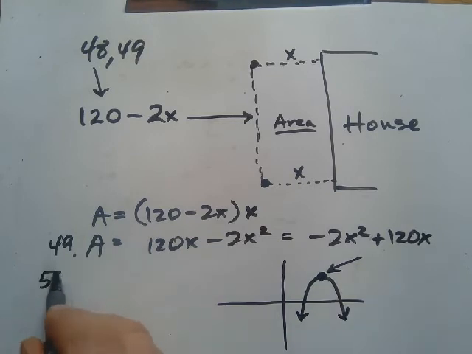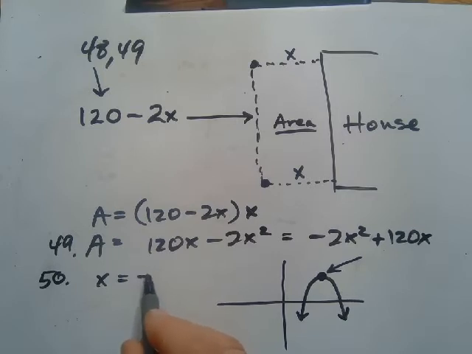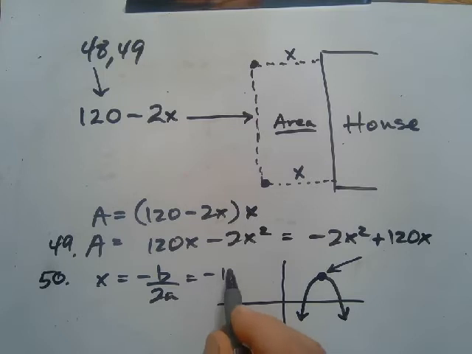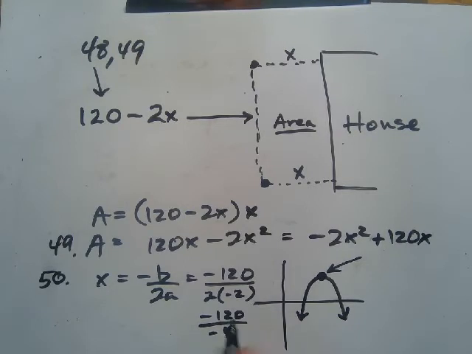We're going to use the formula x equals negative b over 2a. Well, that would be negative 120 over 2 times negative 2, or negative 120 over negative 4, or turns out to be, what, 30.